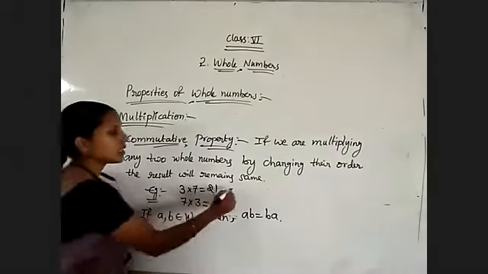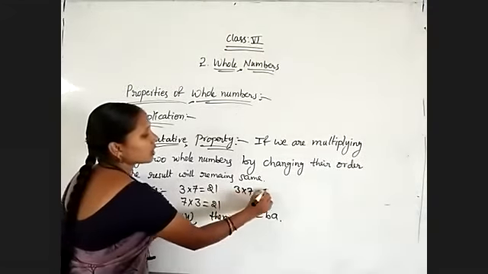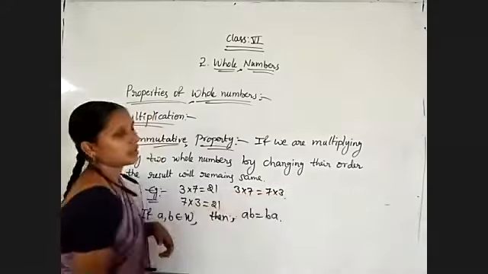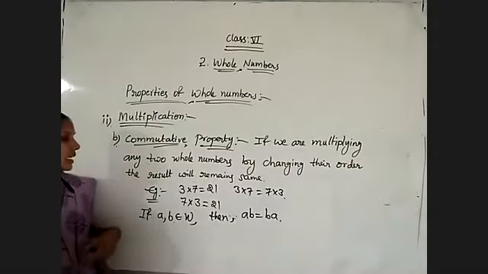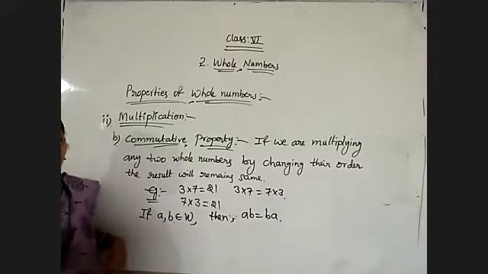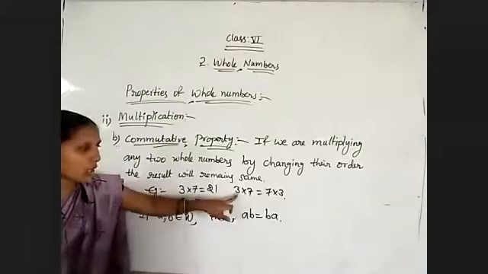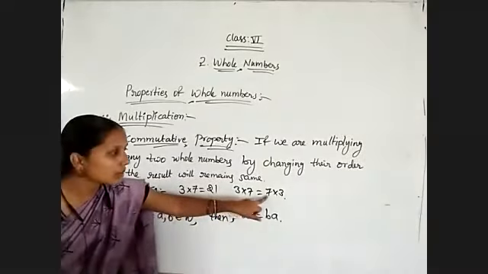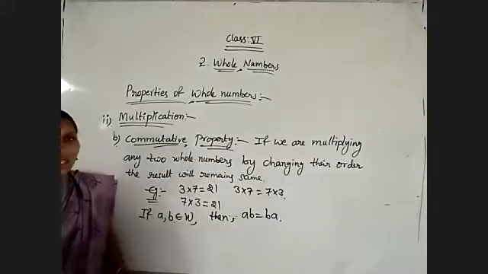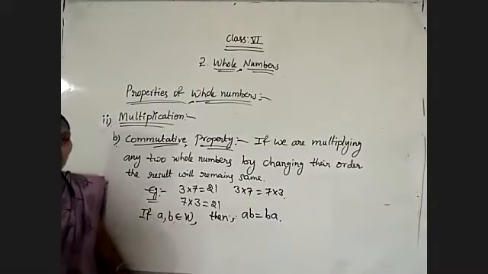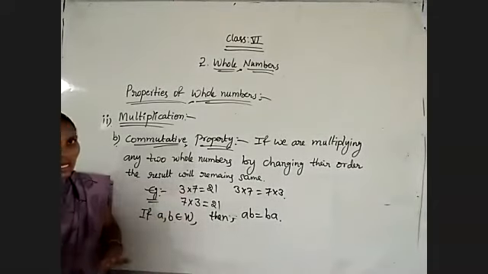That is 3 into 7 is equal to 7 into 3. If we are multiplying any two whole numbers by changing their order, the result will remain the same. There is no change in the result. If you have any doubt, take 0 and 1 also. You will get the same numbers. We will not get another result.